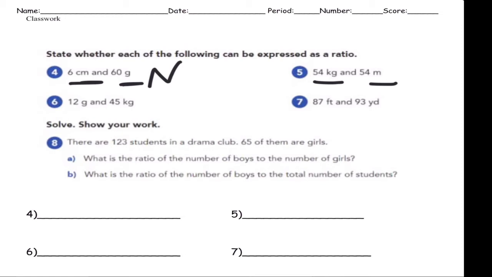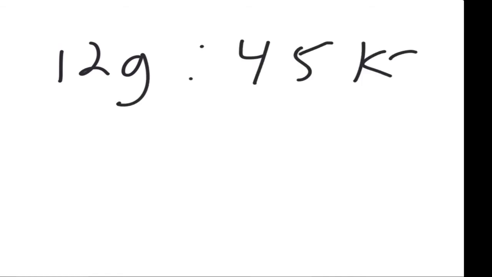Kilograms is weight, meters is distance, so that's a no also. However, let's look at the 12 grams and 45 kilograms. So we have 12 grams to 45 kilograms, and they both measure weight, so these we can compare.